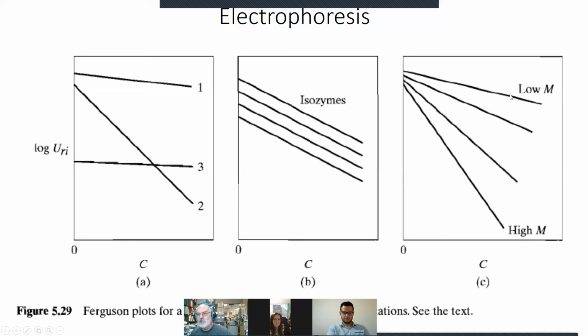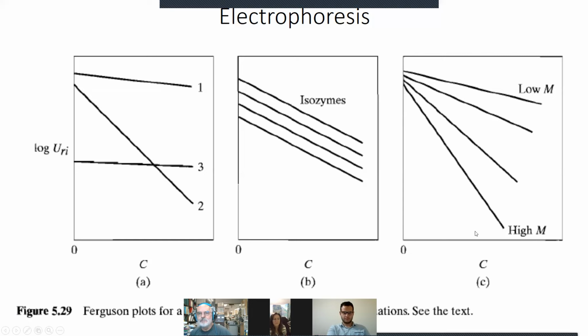And so way over here on the right, it's showing this in a more pictorial way, low molecular weight, high molecular weight. You might all have the same net mobility because you have the same effective charge per unit field, okay?